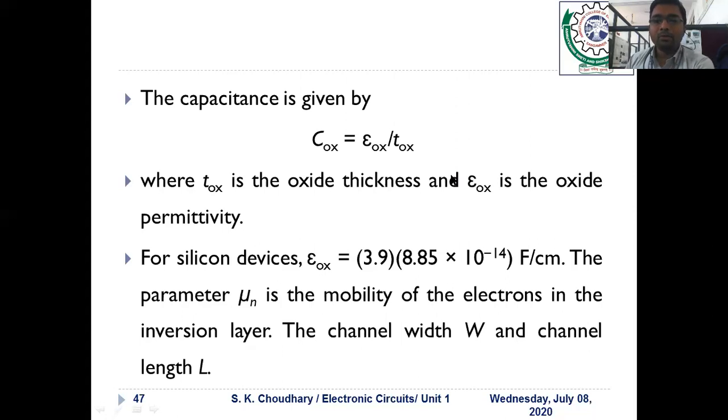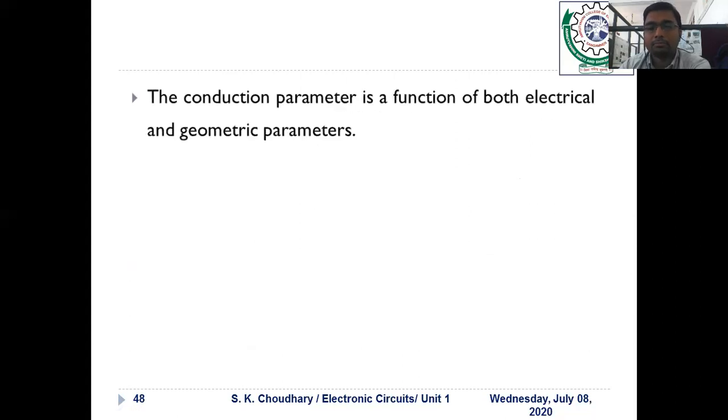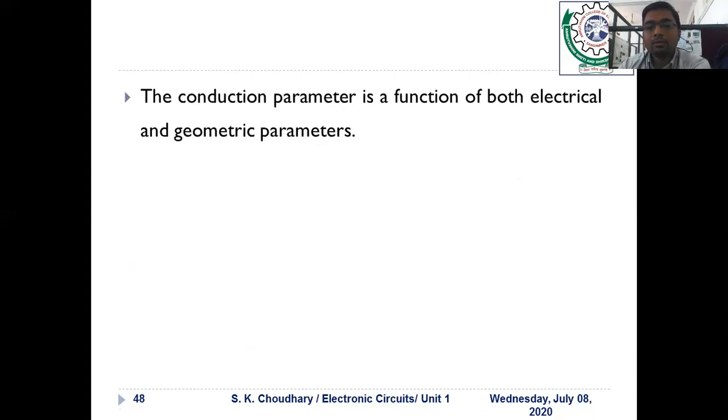Now the parameter mu n, what is it? It is the mobility of the electrons, because it is an n-channel MOSFET. And the other parameters are the geometrical parameters, W and L. So the conduction parameter is a combination of electrical and geometrical parameters.